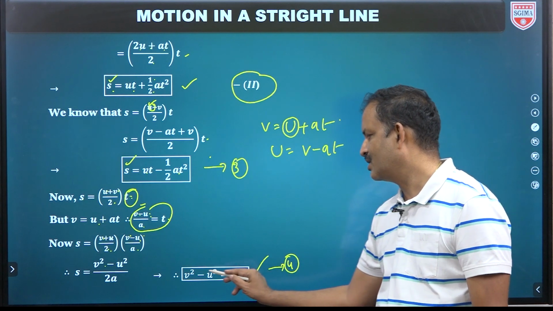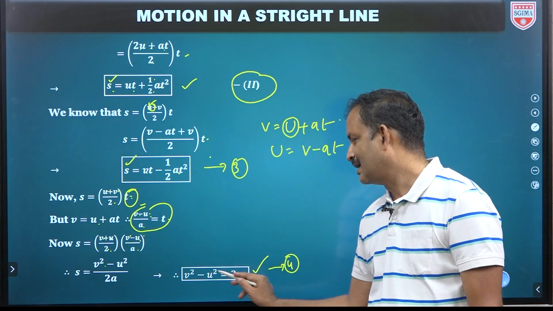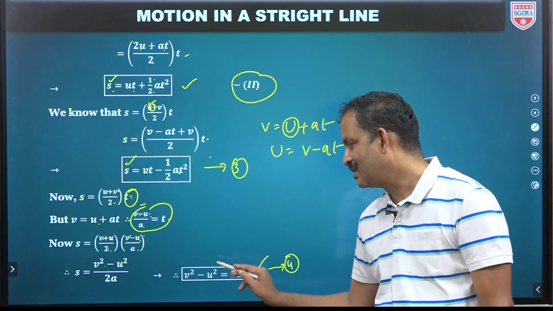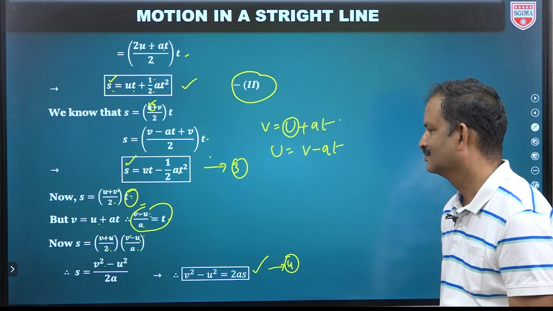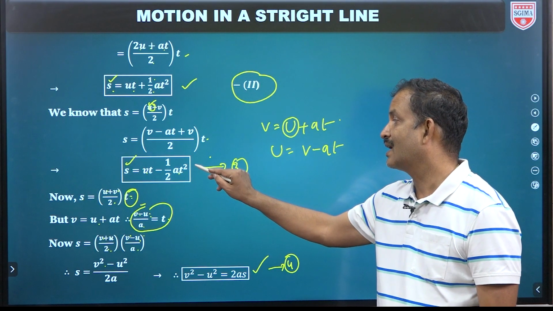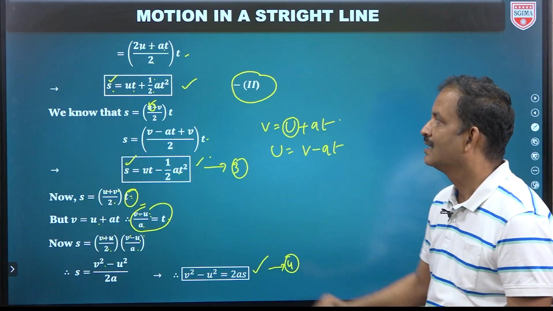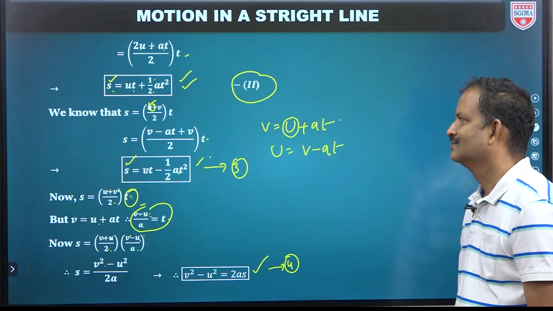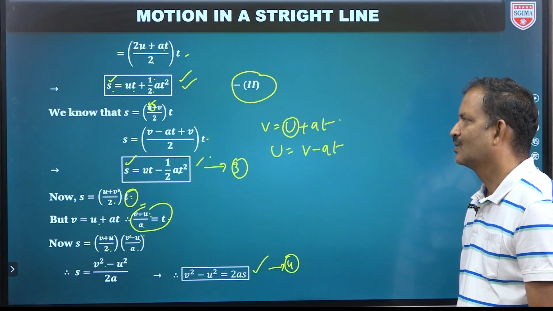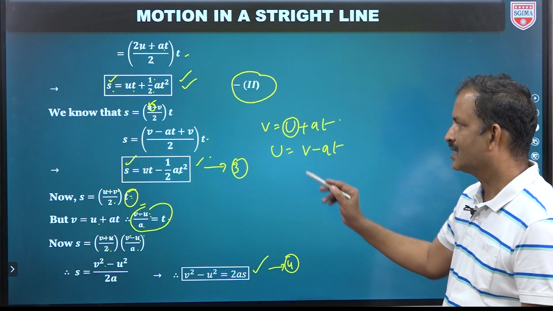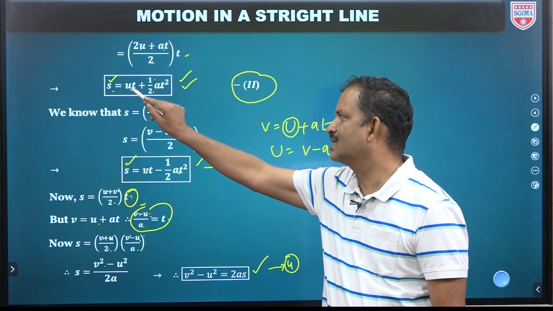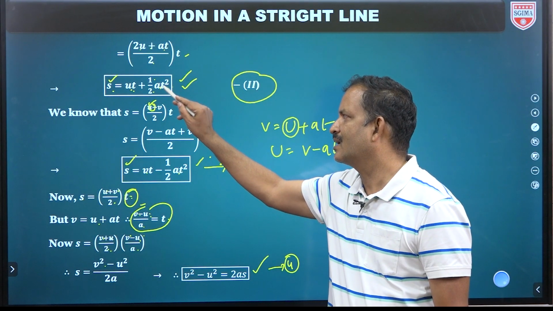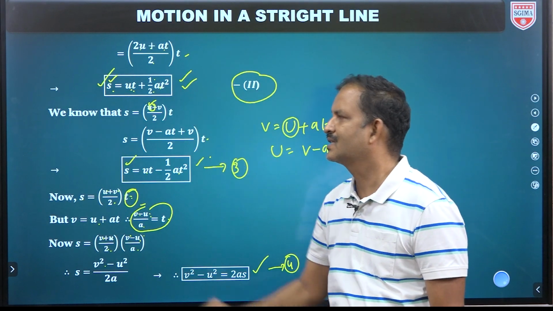When is this formula useful? Here the time term is not there. Time is eliminated. In the earlier ones, initial velocity is eliminated, or final velocity is eliminated. So, based on the situation, if initial velocity, acceleration and time are given, you have to write displacement is equal to ut plus half at square.